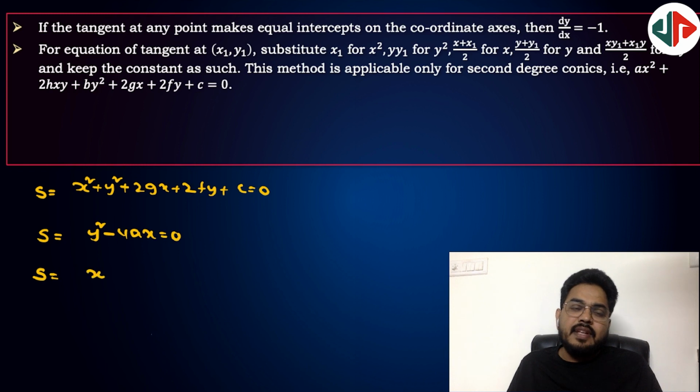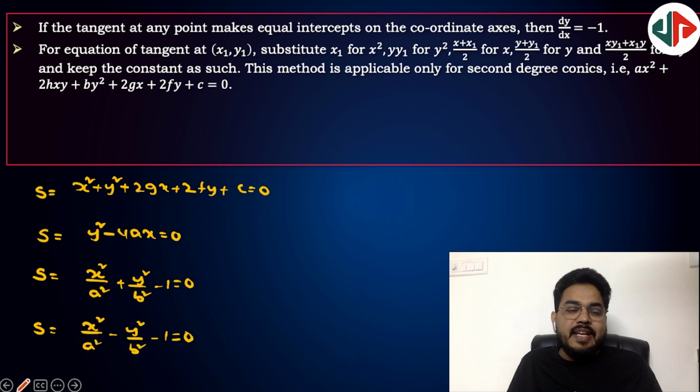Ellipse: x square by a square plus y square by b square minus 1 is equal to 0. Hyperbola: x square by a square minus y square by b square minus 1 is equal to 0. In all these cases, the tangent equation is the standard S1 is equal to 0.